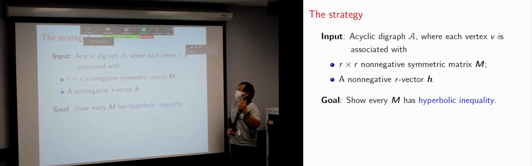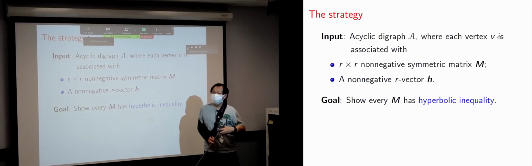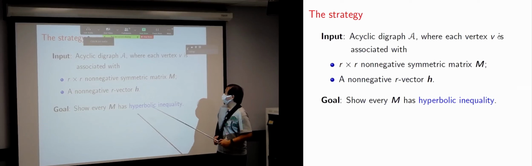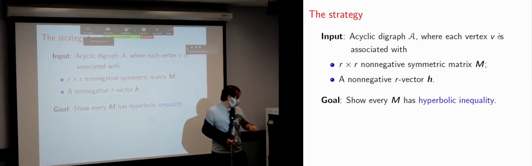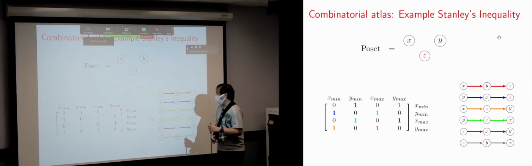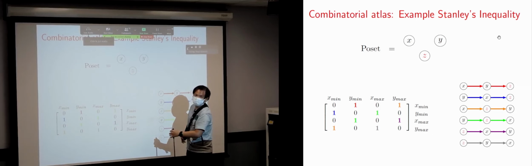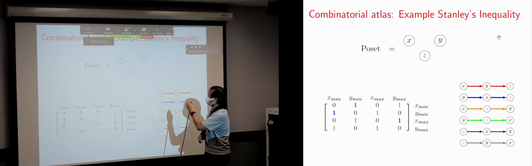Okay, so now we already know how to build the combinatorial atlas. The vector h, oh, I forgot to include it here. For this particular case, the vector h is 1/2 for every point. So it's just 1/2, 1/2, 1/2, 1/2. But that is because our poset is very simple.